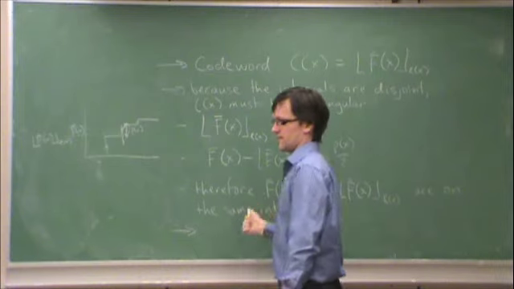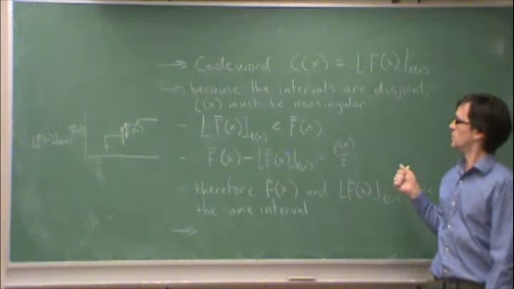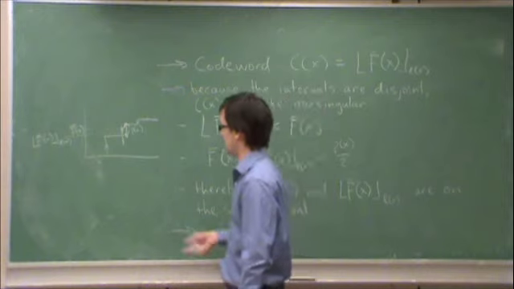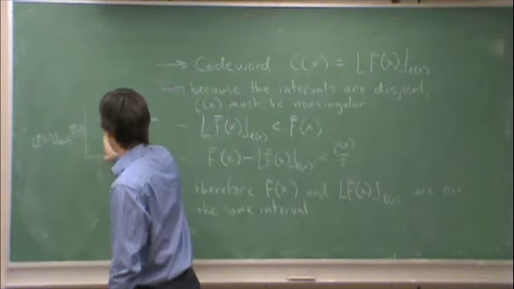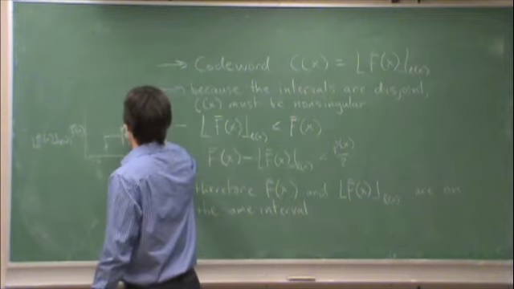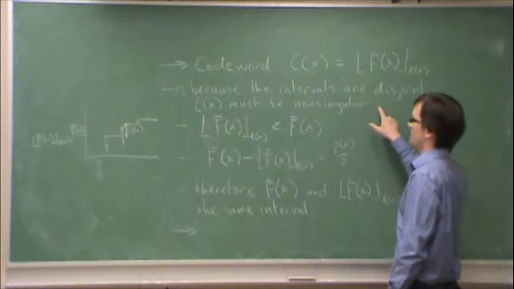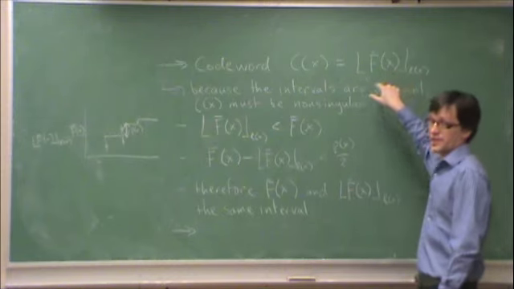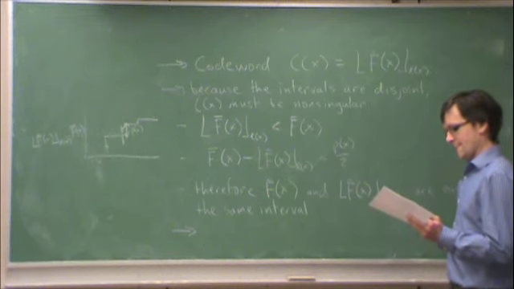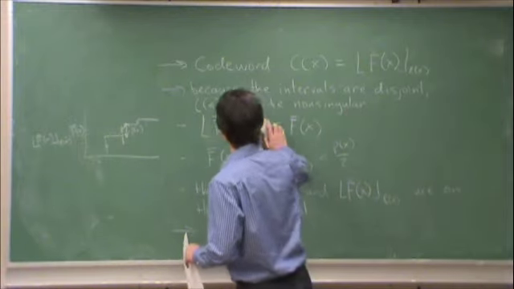Remember what non-singular means: a code where every code word corresponding to every input symbol is unique. I can guarantee that because this code word lies on the same interval as f bar of x, and all the f bar of x lie on different, disjoint intervals, so all of these representations are unique. Okay, so that's a good start.